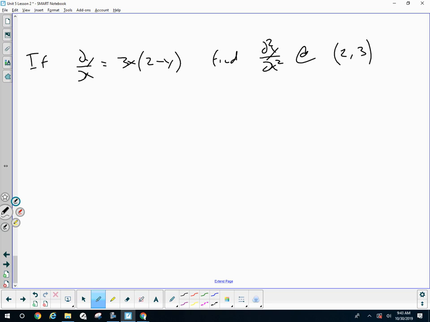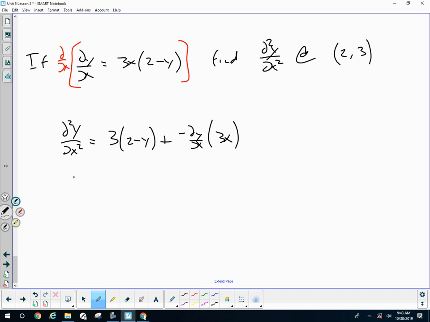Okay, this is something you'll see as well. You'll start with the first derivative. You'll take the second derivative. You will find that you will need certain rules, not necessarily the quotient rule. Here, the derivative of 3x times (2 minus y) will be a product. So derivative of the first times the second, plus the derivative of the second, that'd be negative dy/dx times the first. You need to be prepared to write this in terms of x and y.